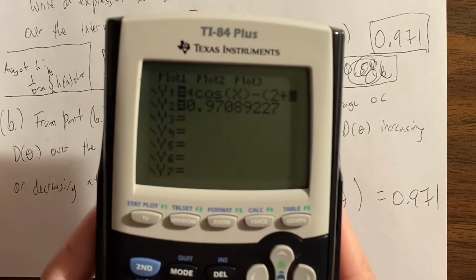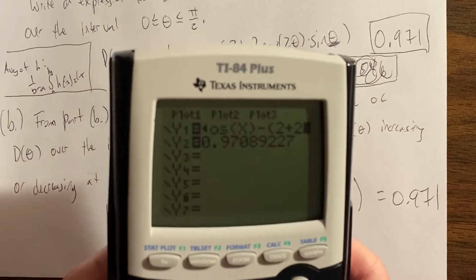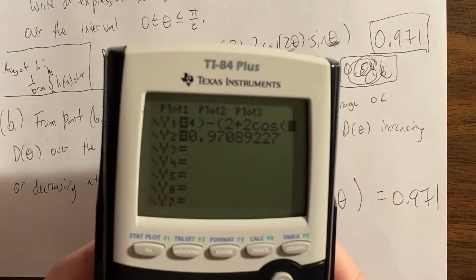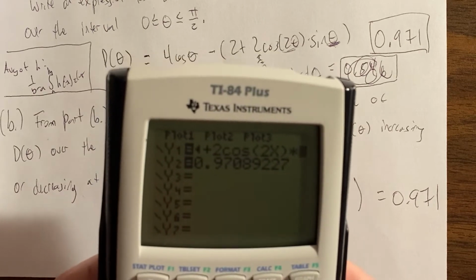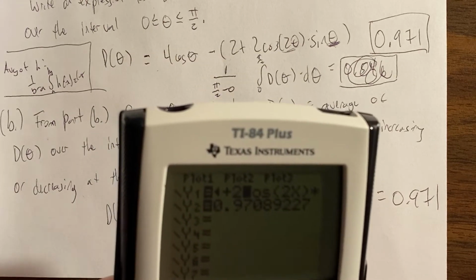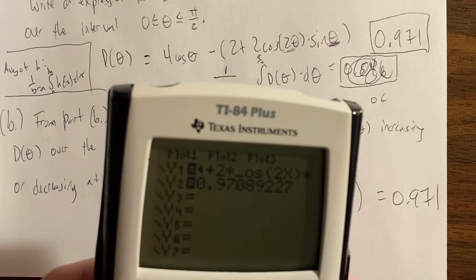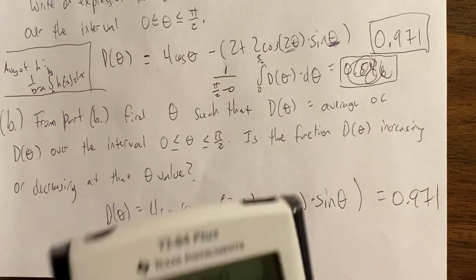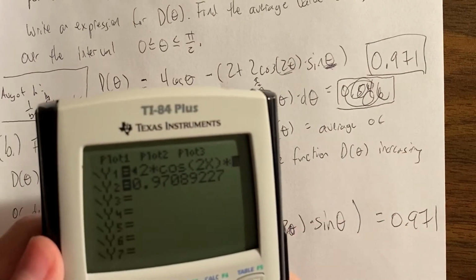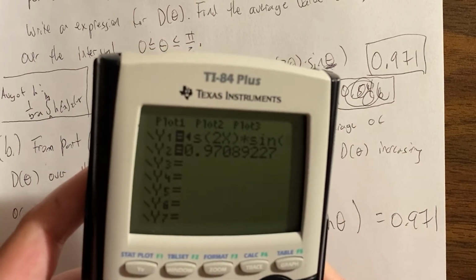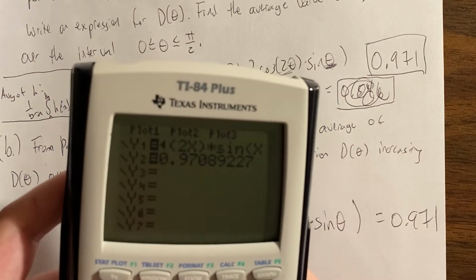So it's going to be 2 plus 2, and typing in the calculator, cosine of 2x, and then times, maybe we need to insert a 2 times here. Keep in mind, what I messed up the first time was I thought it was sine of 2x. It's just sine of x here. So we're going to hit enter.